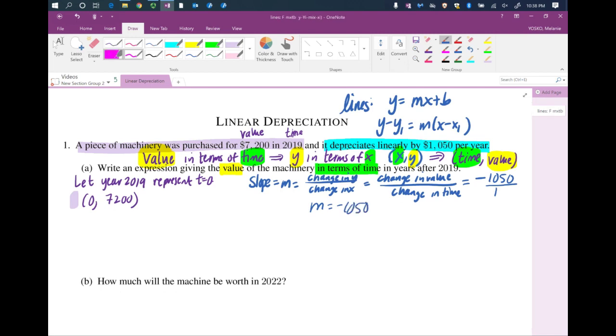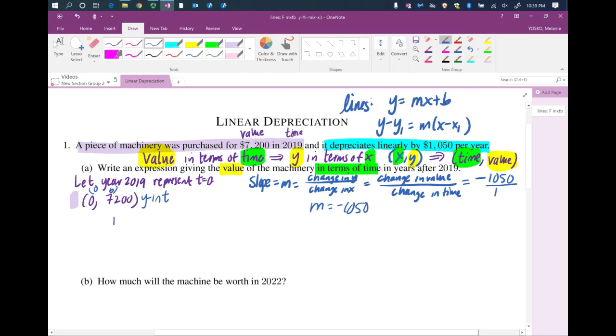Okay. So we're going to write an equation of a line. We can use either form. If you recognize this is a special point, this is 0, comma b. This is the y-intercept. In our case, it's the v for value intercept. If you recognize that, your problem's almost done, right?